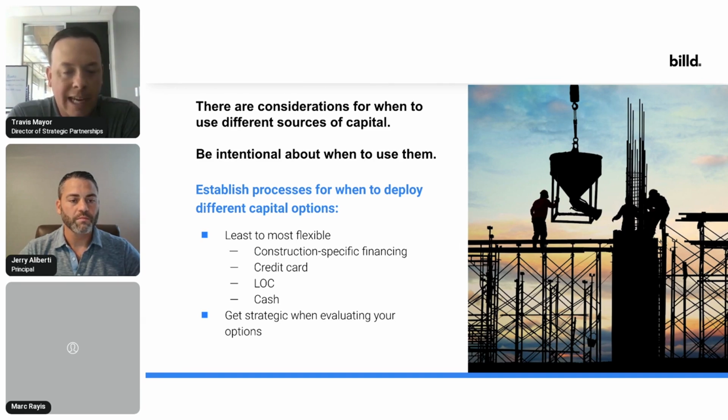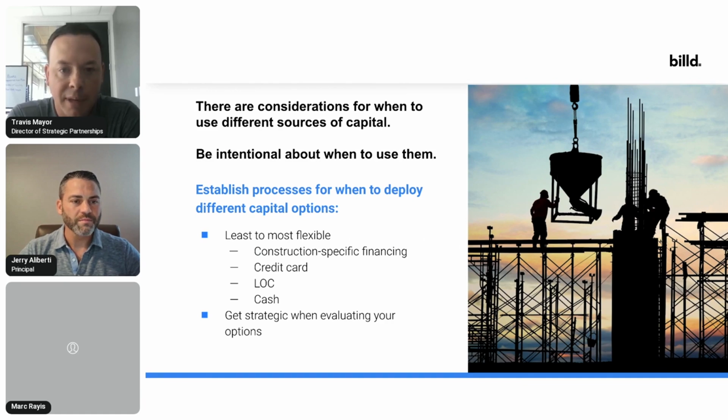But to take on debt for the sake of taking on debt, or to use a finance option without any clear plan on how to use it, when to use it, and what my return is on that, that's bad debt, right? That's an age-old principle, good debt versus bad debt, right? And so using something for the sake of using it without the ROI would be considered bad debt.